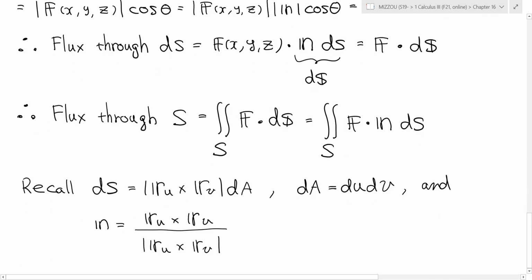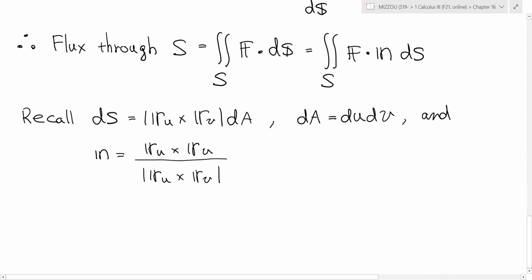So at each point we have Ru, Rv, and the vector perpendicular to it is the cross product, and we have to choose n consistently with the orientation.